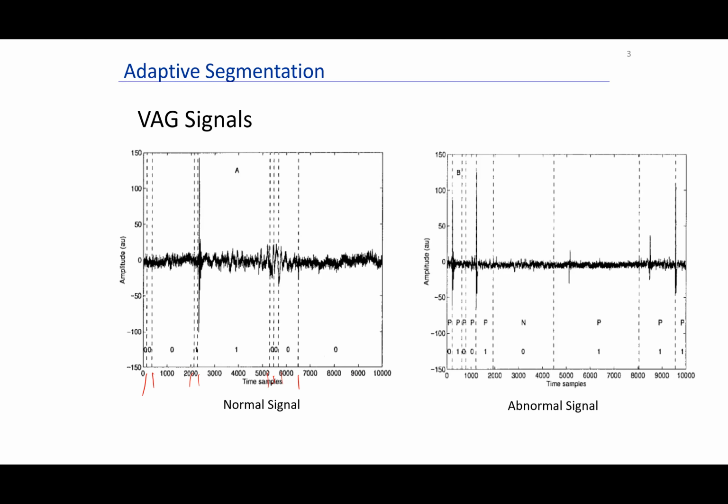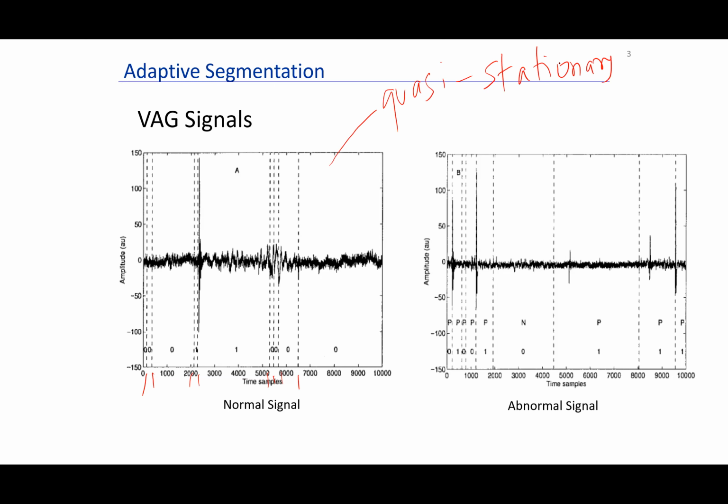What you see are two examples of knee signals obtained from a subject who has a normal knee and a subject who has an abnormal knee condition. The segmentation has given what we call quasi-stationary, in other words, stationary segments. The whole signal is non-stationary because knee signals are very dynamical and complex.